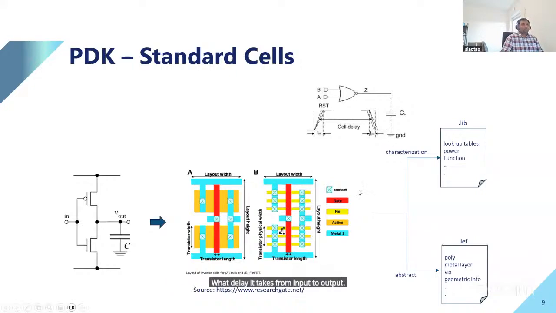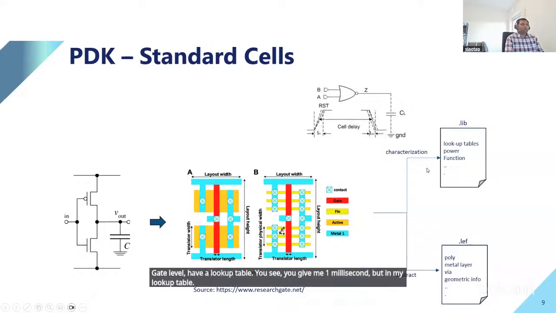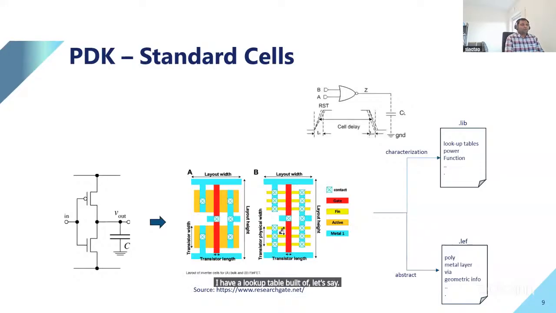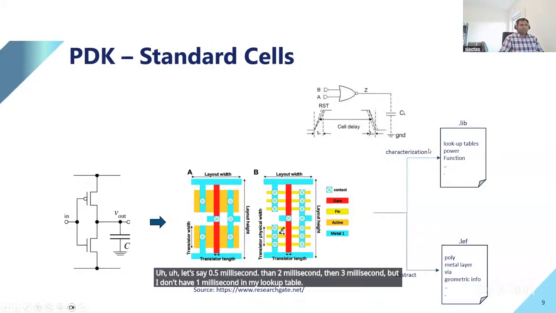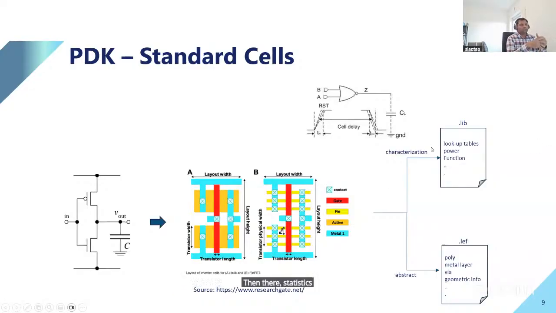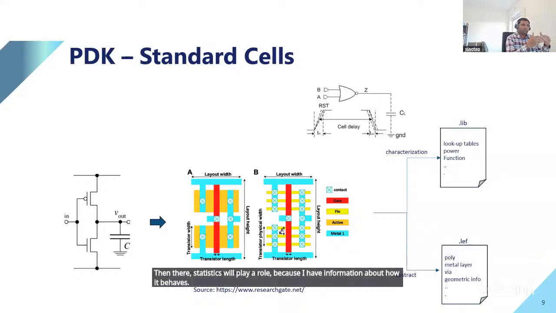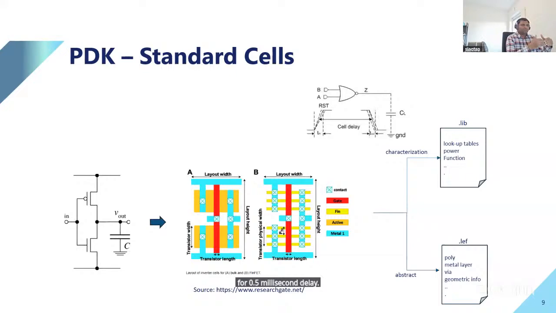But if you go to the gate level, you have a lookup table. You give me 1 millisecond, but my lookup table is built for, let's say, 0.5 millisecond, then 2 millisecond, then 3 millisecond, and I don't have 1 millisecond. Then statistics will play a role, because I have information about how it behaves for 0.5 and 2 millisecond delay.